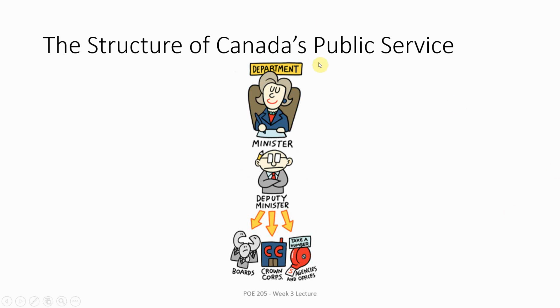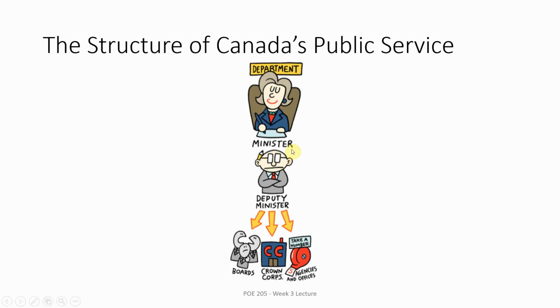So every department, so think Department of National Defense or Department of Transportation, has a minister. So they are an elected official who is chosen for the cabinet by the prime minister and sworn into the cabinet. So they're one of the key advisors on a specific portfolio, be that defense or transportation or indigenous services or anything like that.